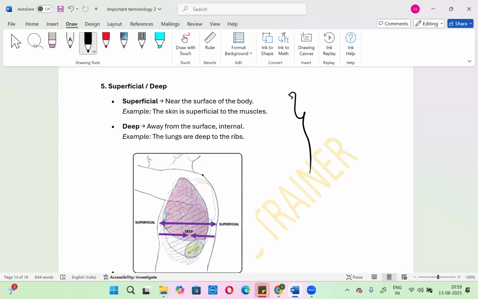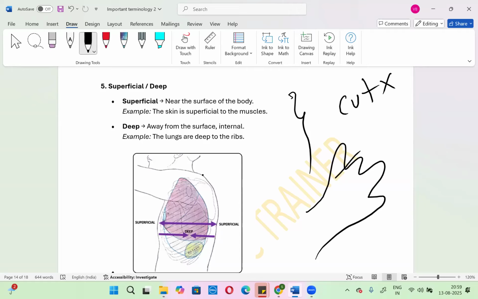For example, the patient had some laceration. What is laceration? Laceration is nothing but a cut. For example, I am cutting vegetables and I got a cut. In medical terms, we will not call it a cut, we will call it a laceration.